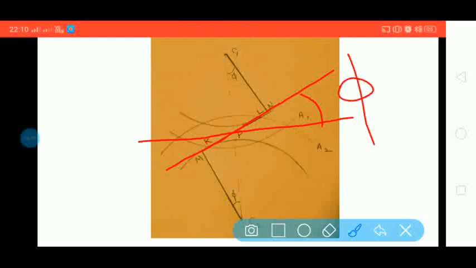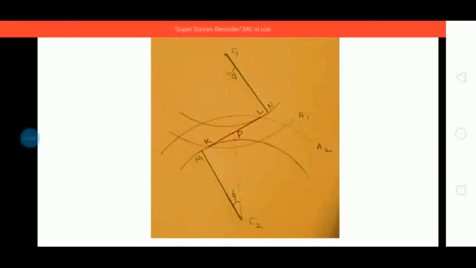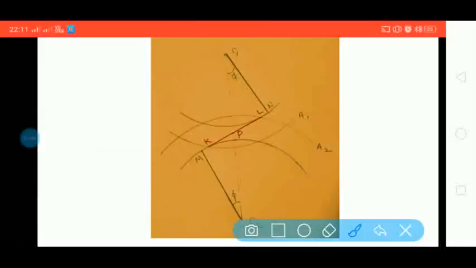Now how did this phi come here? Just see the line C1, P and C2. This is the common tangent to both pitch circles. Therefore the pitch circle centers are C1 and C2, so this angle is 90 degree. When that angle is 90 degree, what will be?